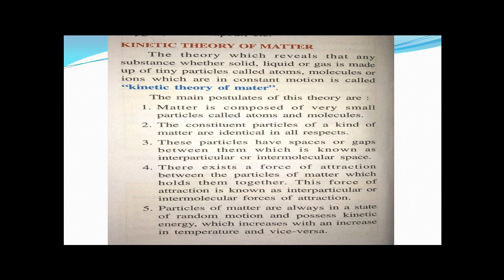Next, third point: these particles have spaces or gaps between them, which is known as interparticular or intermolecular space. As we have seen, in the molecules or atoms of matter there are some gaps between them.